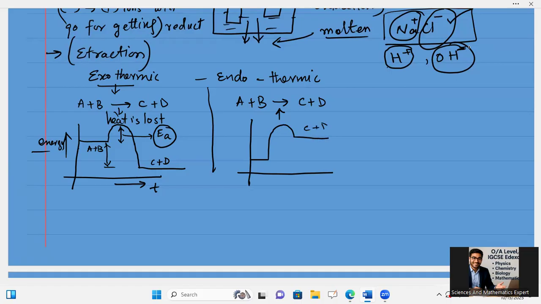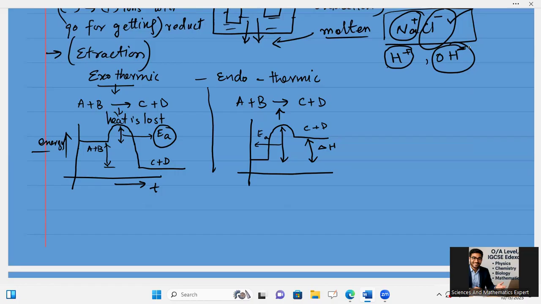So C plus D is here, and the enthalpy change between the reactants and products, delta H, is still present, but the activation energy to provide effective collisions is much, much larger. You can use a catalyst to lower the activation energy.